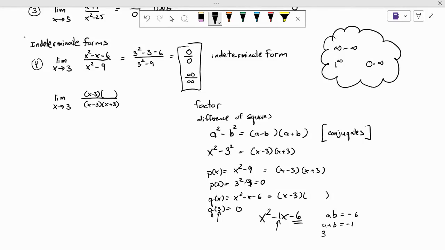And so we see that negative 3 plus 2 works, right? The negative 3 plus 2 gives you the negative 1 for the coefficient of the middle term, the x term. And when you multiply them, you indeed get negative 6. So we know the two factors are x minus 3 and x plus 2.